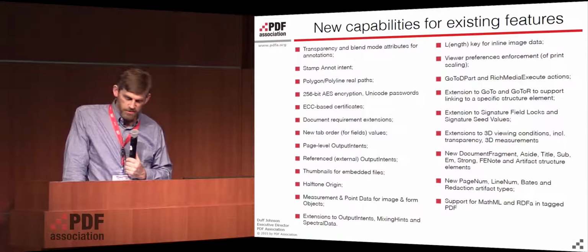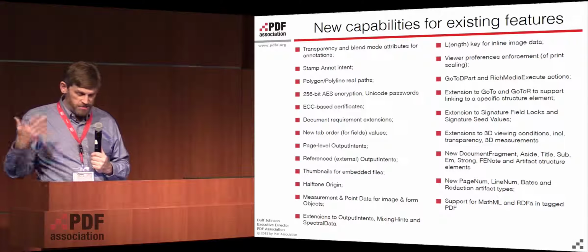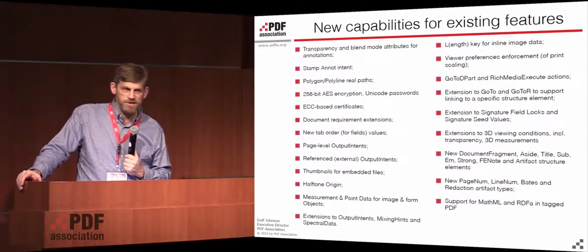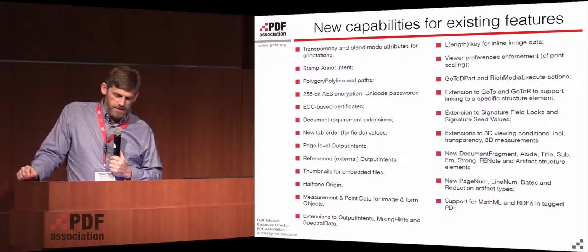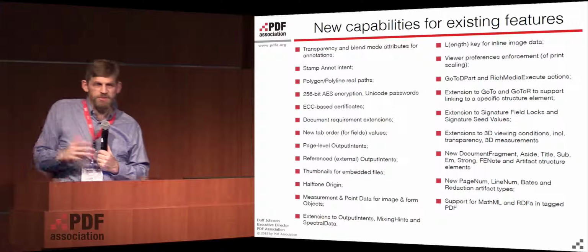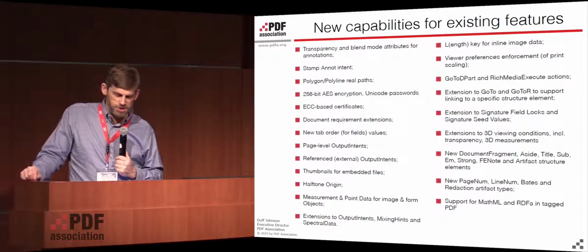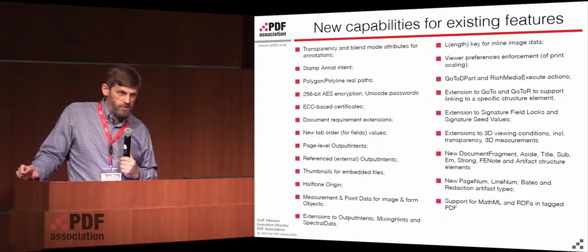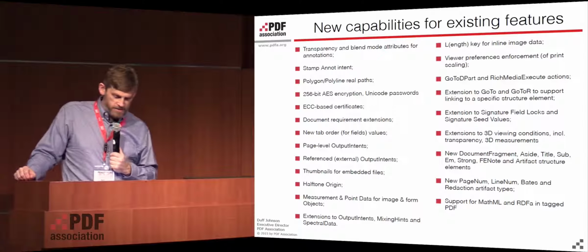Close to my heart, there are new artifact types for page numbers, line numbers, Bates numbers, and redaction artifacts. These are features that were previously completely missing and unavailable in tagged PDF, and they generate some rich functionality now that they're present, and make artifacts significantly more interesting as a feature of tagged PDF.